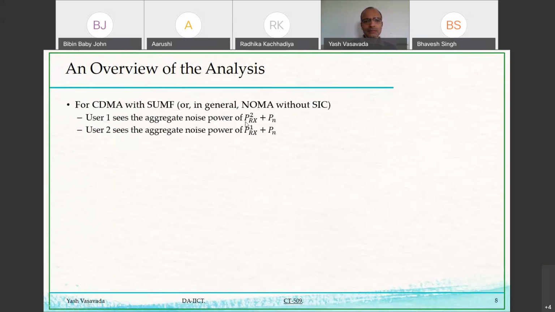And so there you will note that user 1 receiver will see the noise power Pn, but because it is single user, it sees the user 2 signal completely as interference. And it is making no attempt to remove this interference. It is not using any of this decorrelating technique or any of the SIC techniques. So the total noise power that it sees is Pn plus PRX2. And similarly, user 2 sees a noise power of Pn plus PRX1.